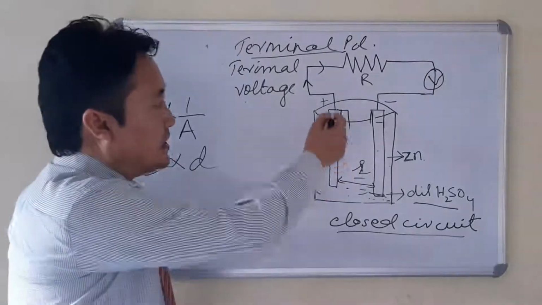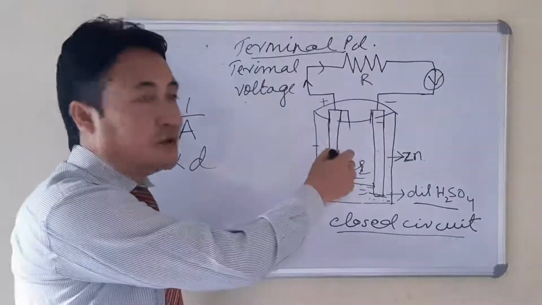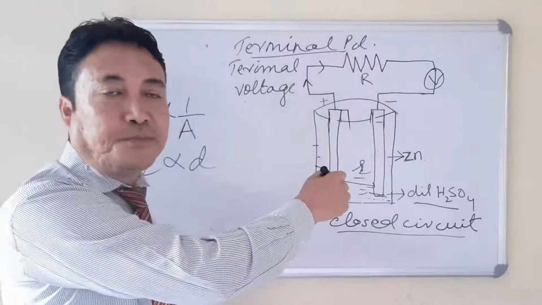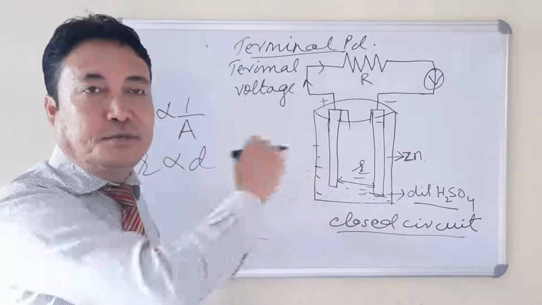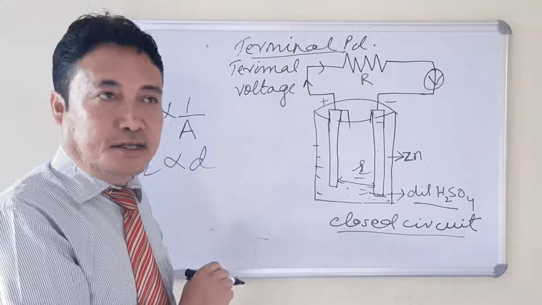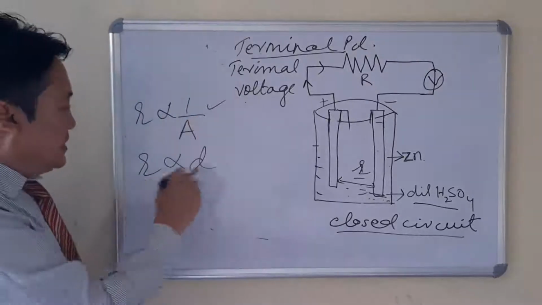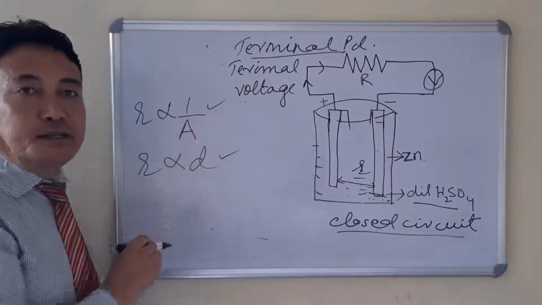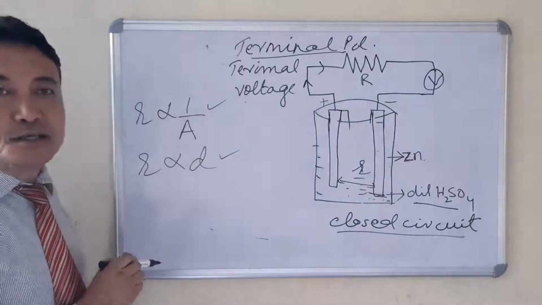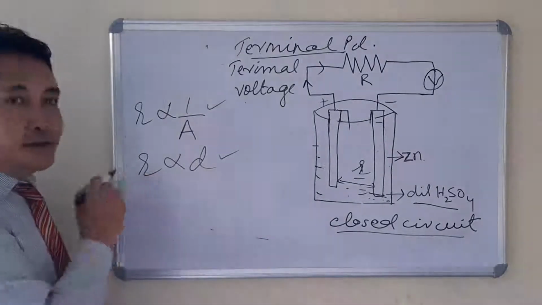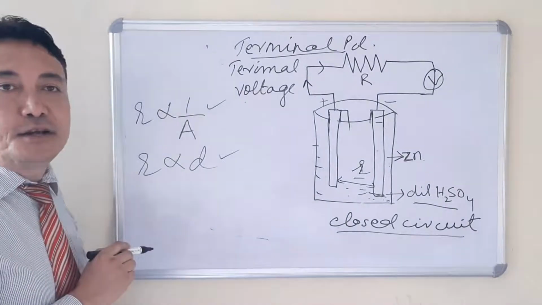So same like that of the surface area. Okay, so more the surface area of the electrode, lesser will be the internal resistance, because they are inversely proportional. But here the internal resistance is directly proportional to the distance. So if the distance increases, internal resistance will also increase.